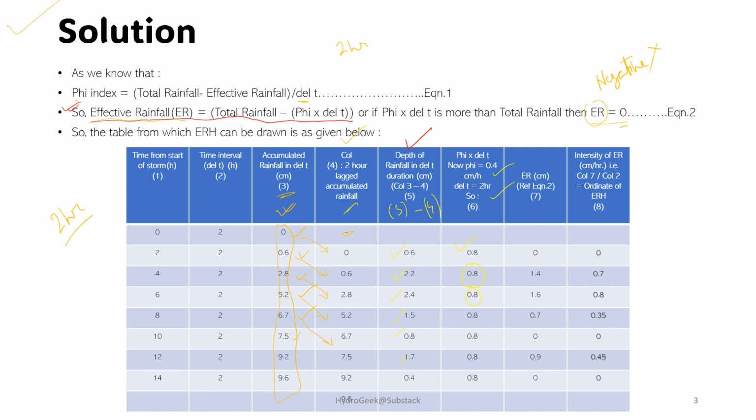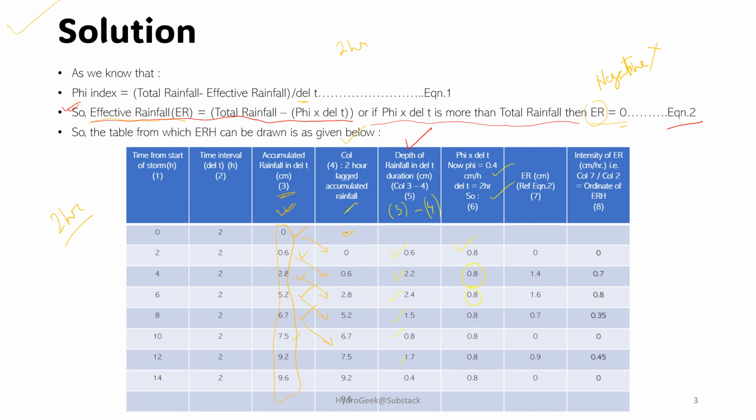Column 5 minus column 6 will give you the effective rainfall as per equation 2. Note that equation 2 also has the condition that if phi into delta is more than total rainfall, then to avoid negativity, we'll assume that ER is 0.